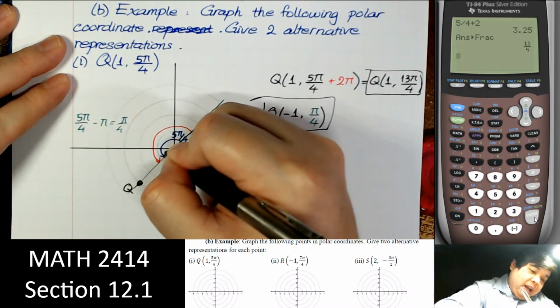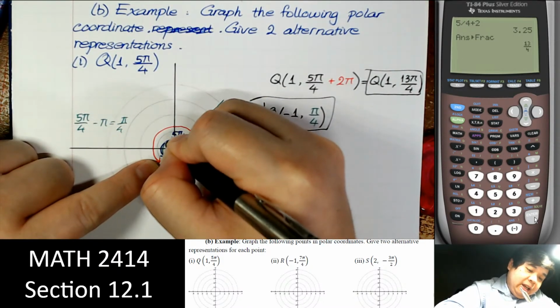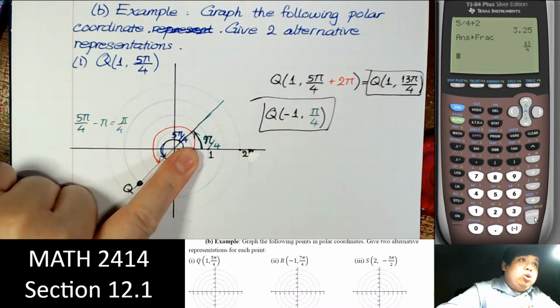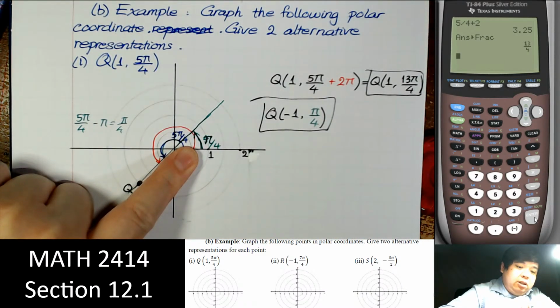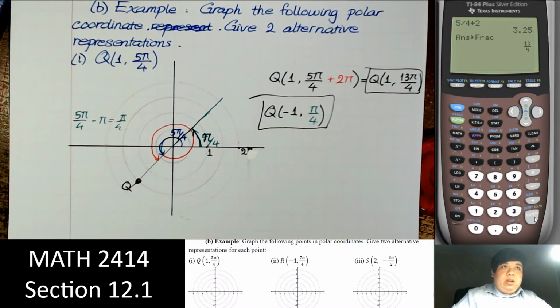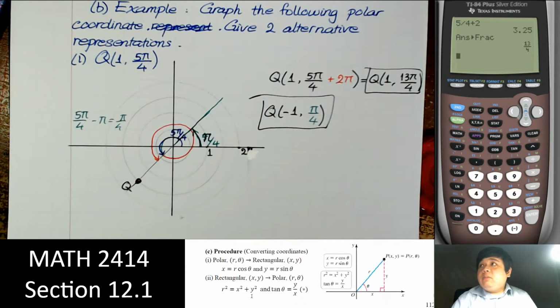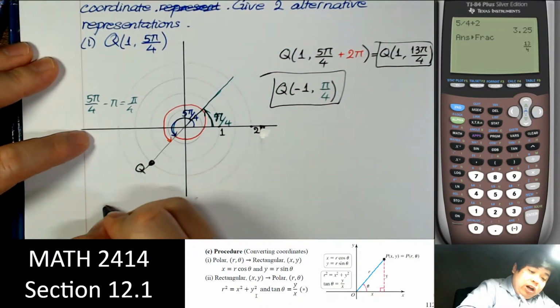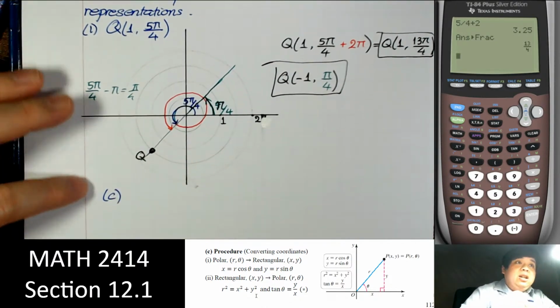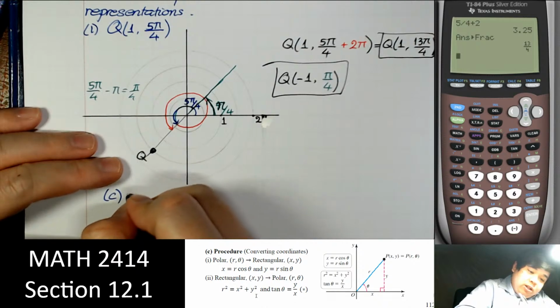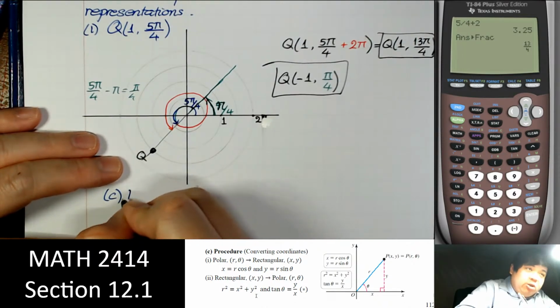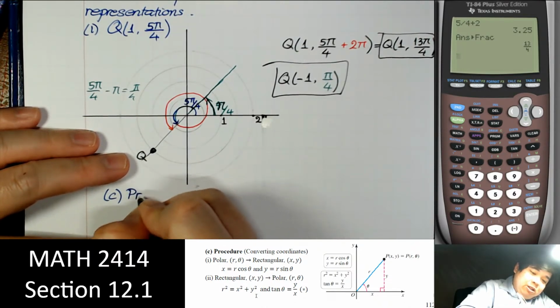So if you take back half a revolution, we get pi over 4, and either way works. Most important though, doesn't matter where we learned or when we learn about polar coordinates, trigonometry, precalc, or here.